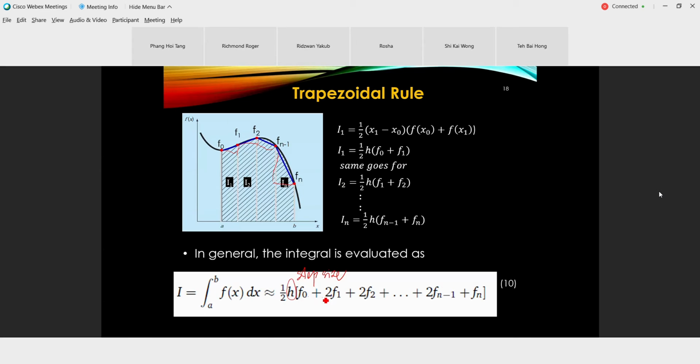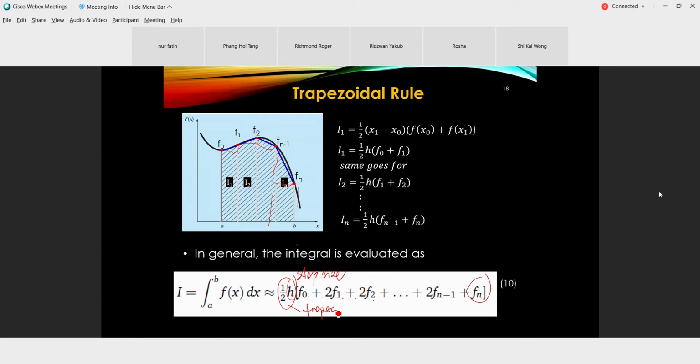Multiply function node plus 2 function 1 plus 2 function 3 plus 2 function 4. If you have 10, then end with function 10. So in between you have 2 function 3, function 4 and so on. Don't forget to multiply by 1 over 2h, because this is the symbol sign of the trapezoidal rule. Correct?